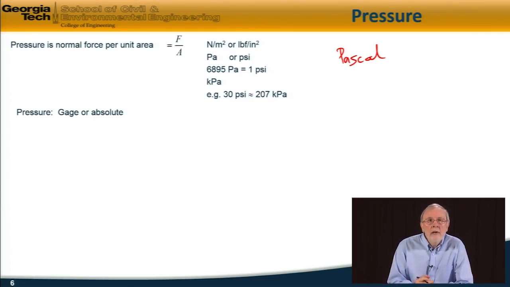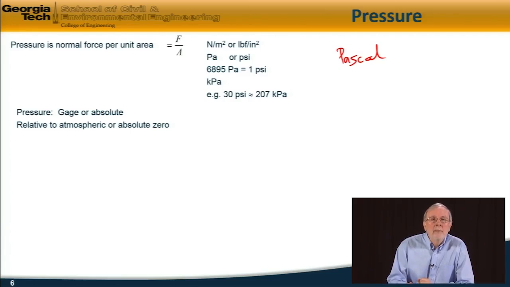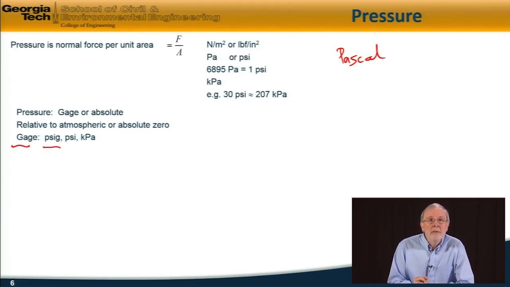Now, another very important convention in expressing pressure is whether we express it as a gauge or an absolute pressure. The difference is that the gauge pressure is relative to atmospheric pressure, but the absolute pressure is relative to absolute zero. If we're expressing our pressure as a gauge pressure, we would denote that by PSIG for gauge pressure.